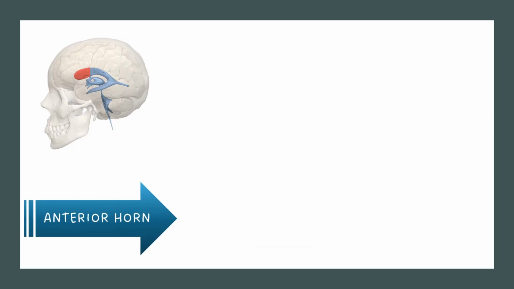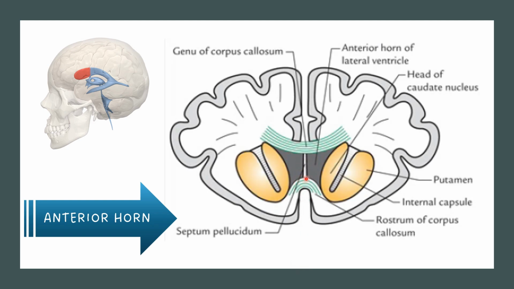The anterior horn, otherwise called the frontal horn since it projects into the frontal lobe, is roughly triangular in coronal section, and it presents a roof, a floor, a medial wall and a lateral wall. The roof is formed by the undersurface of the anterior part of the body of corpus callosum.